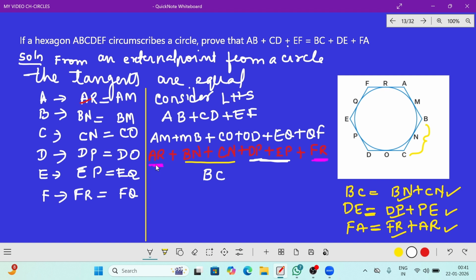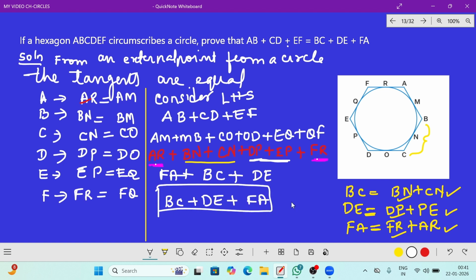Then AR plus FR together I will write as FA. Then DP plus PE I can write as DE. Rearrange the terms according to the right hand side. This will become BC plus DE plus FA. This is our RHS.